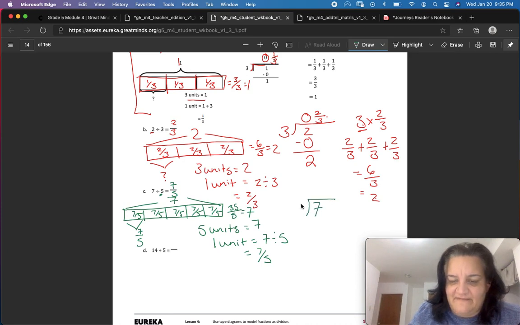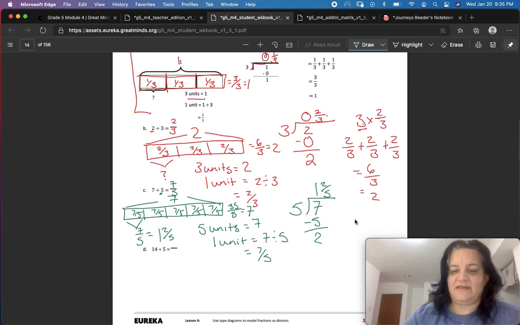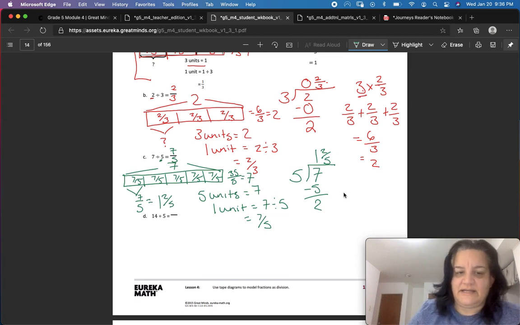7 divided by 5. Okay, 5 goes into 7 one time. 1 times 5 is 5, with 2 remaining, so 2/5. All right, does 7/5 equal 1 2/5? Well, this is an improper fraction, and that is a mixed fraction, but they do equal each other. So let's do the math and see if we get the right answer here.